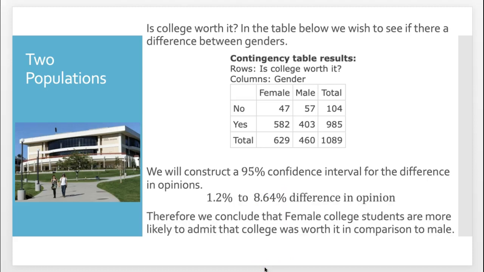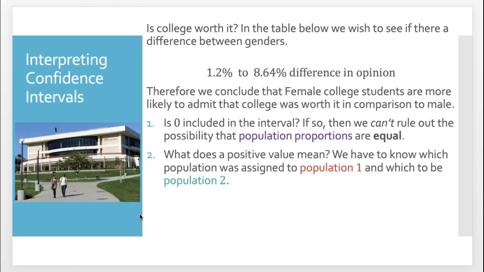So what we concluded here is a 1.2 to 8.64% difference in opinion. Right away, because all of these values are greater than 0, we can conclude that female college students are more likely to admit their college was worth it in comparison to male. With these types of intervals, we want to know: is 0 included in the interval?